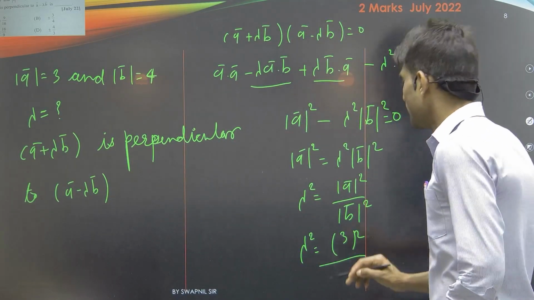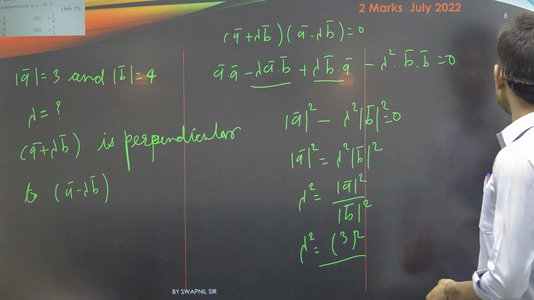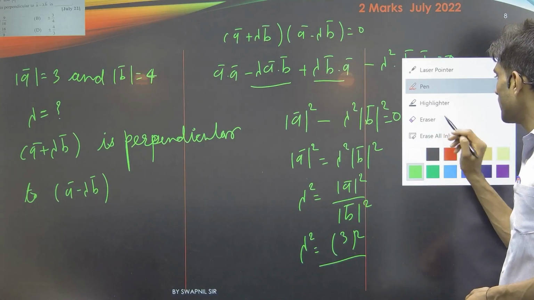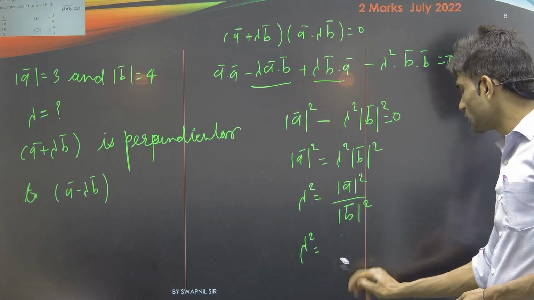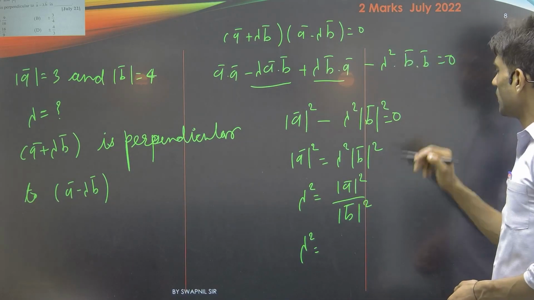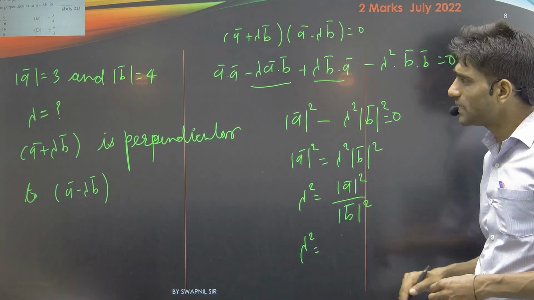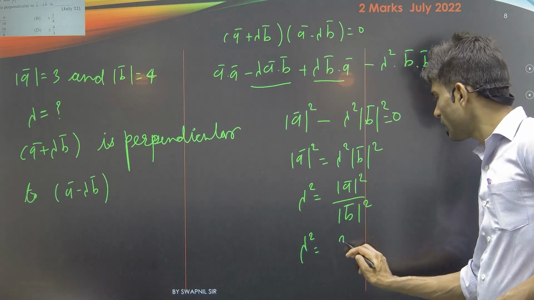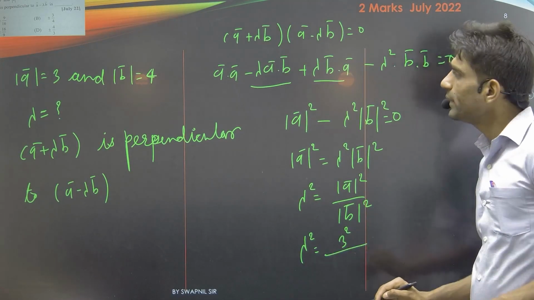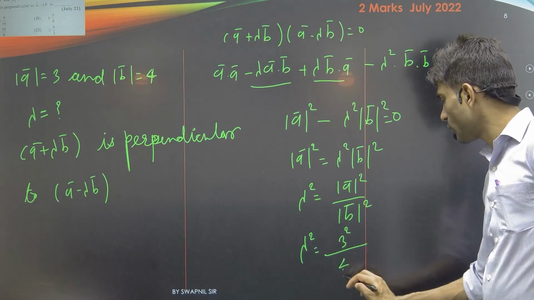Don't take the square root directly, because the answer may vary as per your calculation. So 3 square completely divided by modulus of b bar square, which is 4 square.